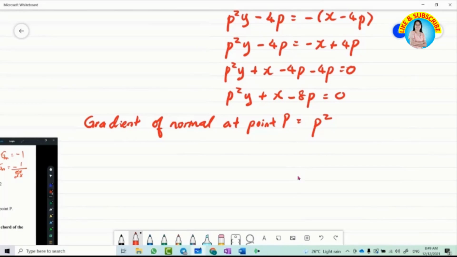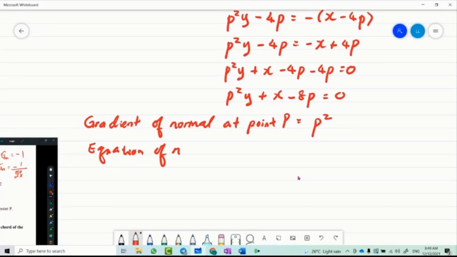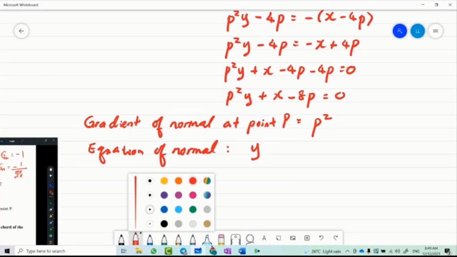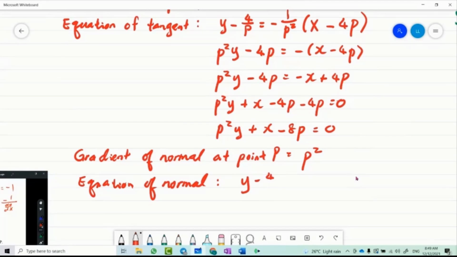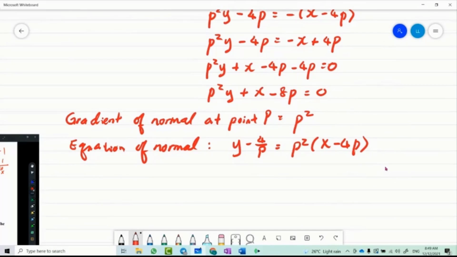Okay, so after you have got the gradient, now equation. So ini kena tulis dengan jelas. Because we have two kinds of equation. Now you want to calculate equation of what? So you have to write in. Okay, so gunalah formula yang sama. y minus y1, now the gradient, x minus x1. Okay, then tinggal you simplify saja. Okay, so sekarang awak ada pecahan, hilangkan pecahan.